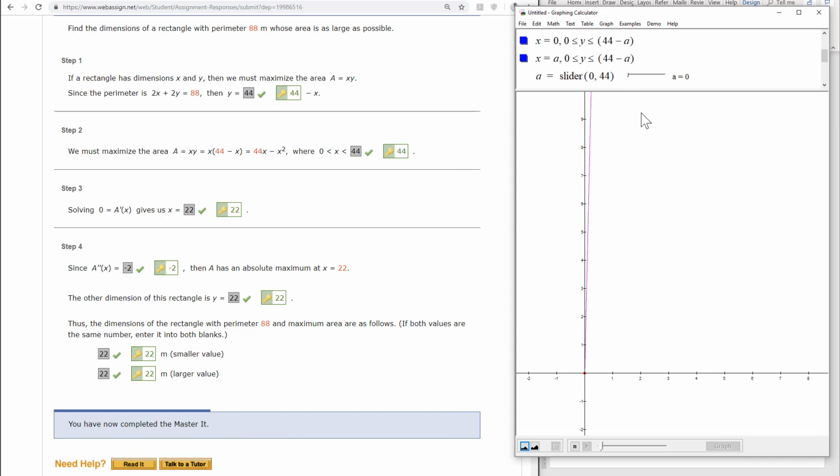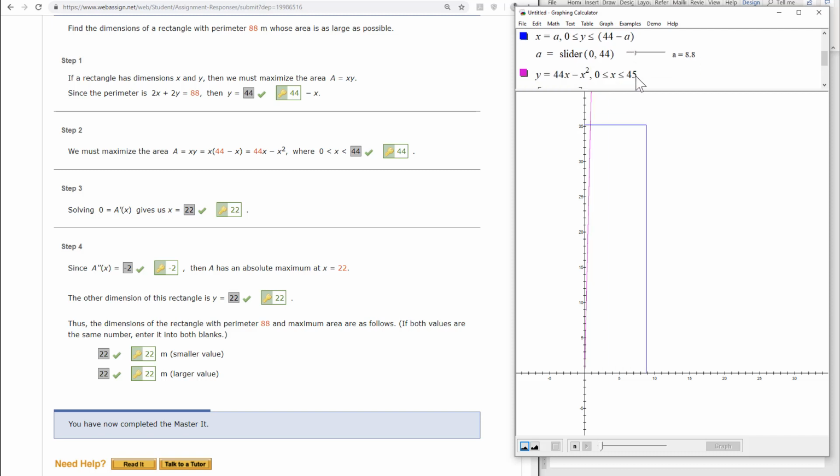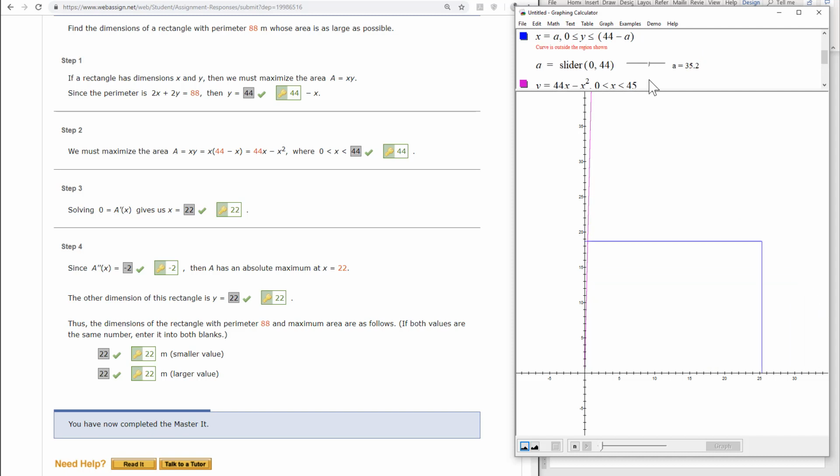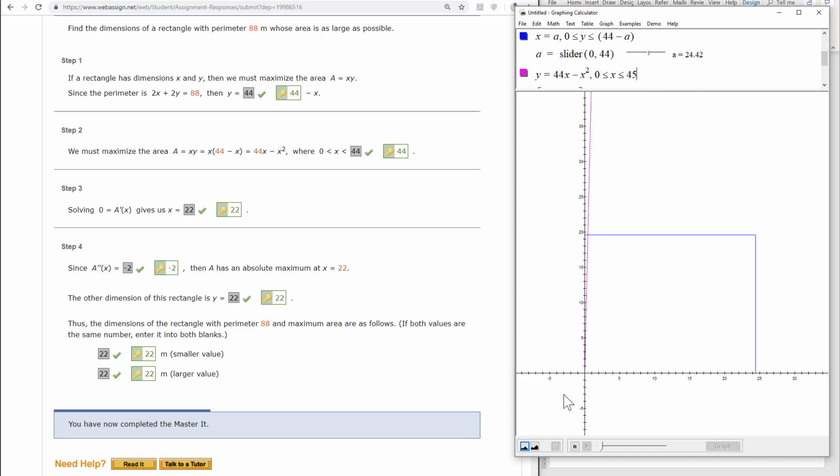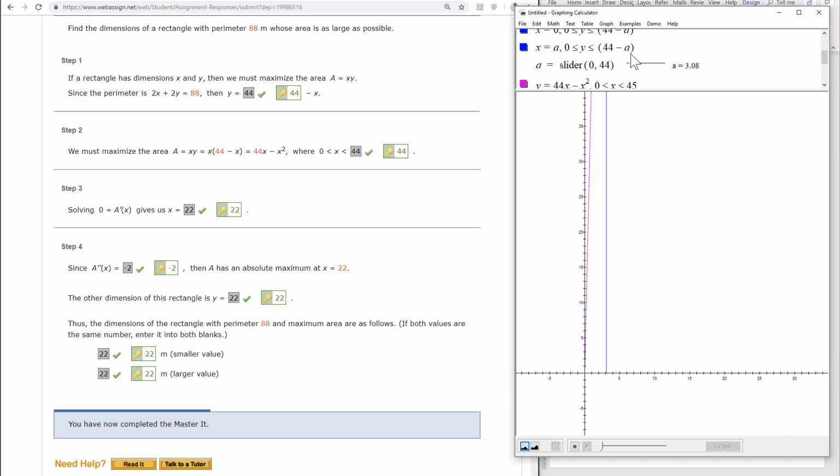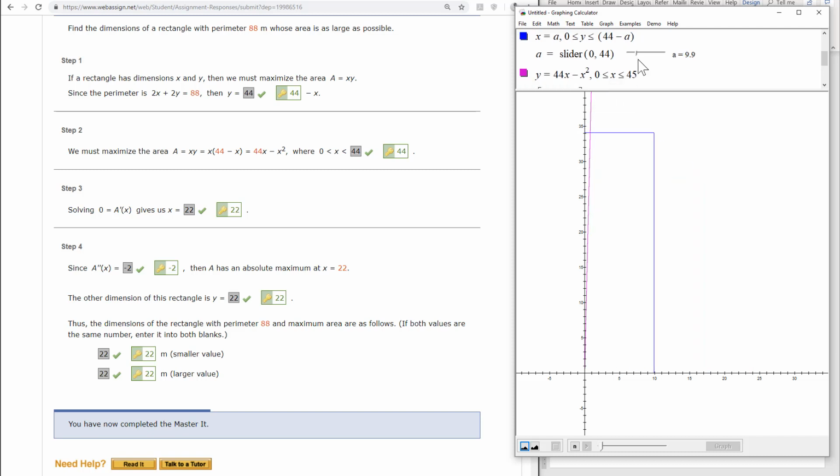We actually need to zoom out a little bit so that we can take a look at the box. The constraint tells us that the box is going to have to change dimensions according to what we have here. I also have the graph of the area function included.